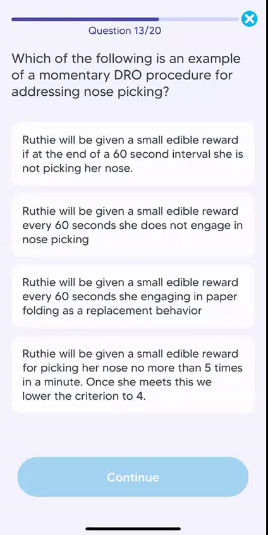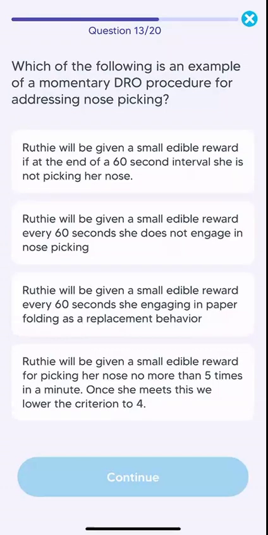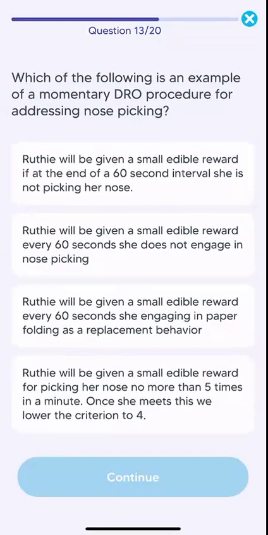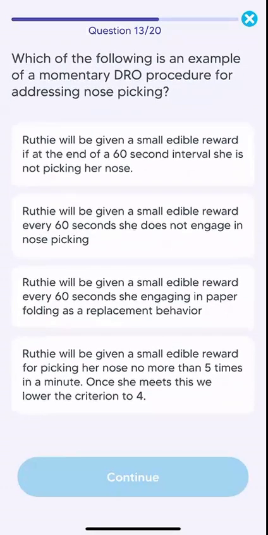Ruthie will be given a small edible reward every 60 seconds she is engaging in paper folding as a replacement behavior. Ruthie will be given a small edible reward for picking her nose no more than 5 times in a minute. Once she meets this, we lower the criterion to 4.